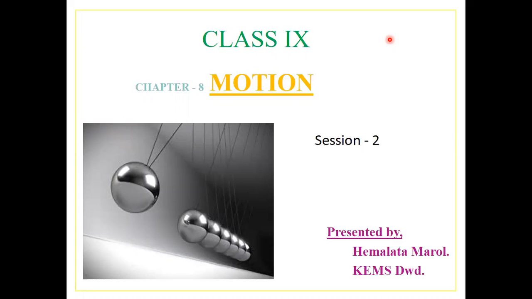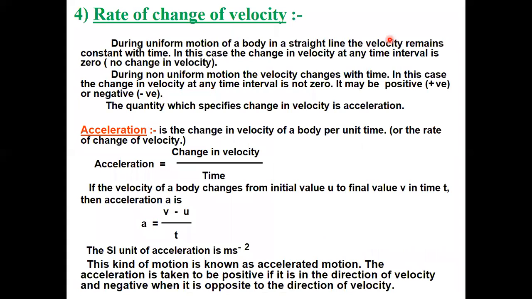Now, today children, we will study about the rate of change of velocity and the graphical representation of the motion. The rate of change of velocity. Here, during uniform motion of a body in a straight line, the velocity remains constant with time.